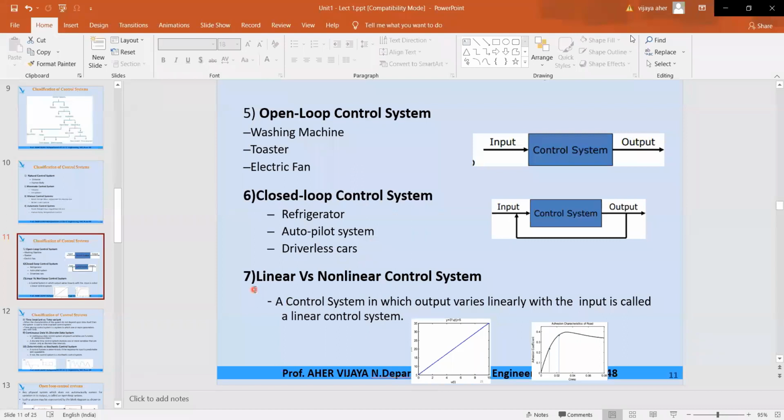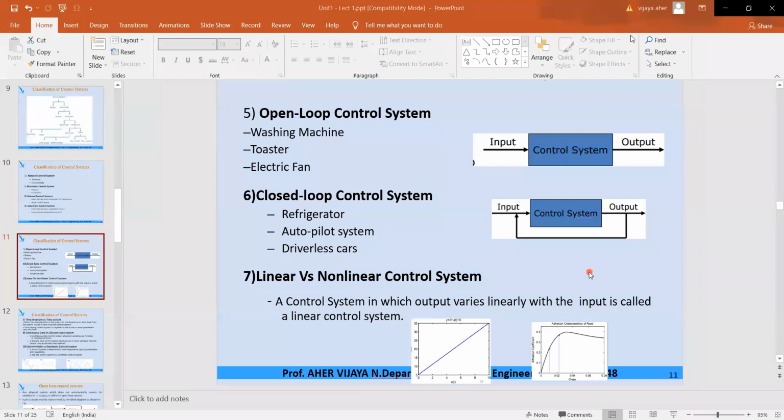Now, the next category is linear versus non-linear control system, and you are going to study this in detail. A control system in which output varies linearly with the input is called a linear control system.